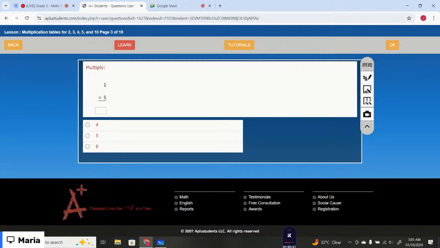Multiplying a number by 1 means the number stays the same. So 1 times 5 is 5. The correct option is 5.